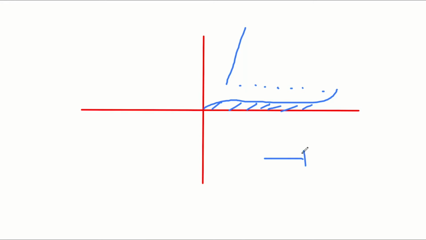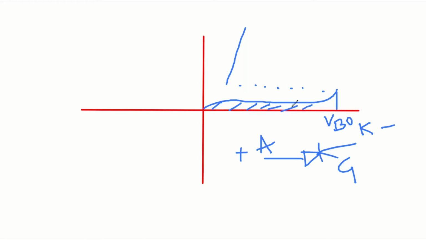So if you draw a thyristor, this is the anode, this is the cathode, and this is the gate. The anode is positive with respect to the cathode, but it is not positive enough to be larger than the forward breakover voltage.